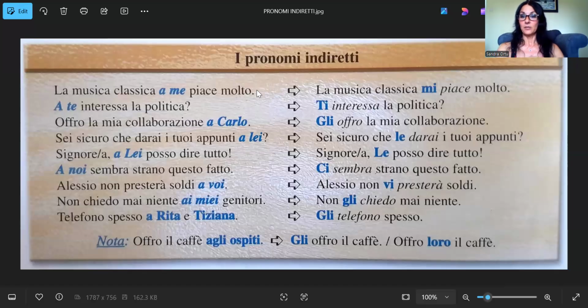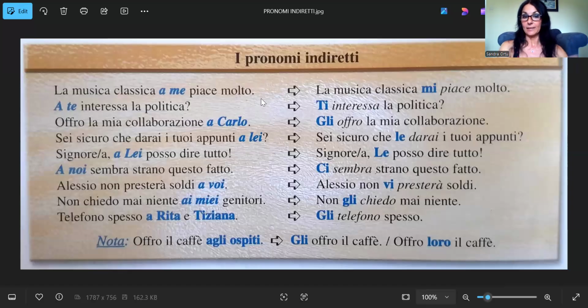And instead you're saying, for me, classical music is really nice, in my opinion. So you can actually translate, instead of just saying to me, you can say, in my opinion, classical music is really nice.